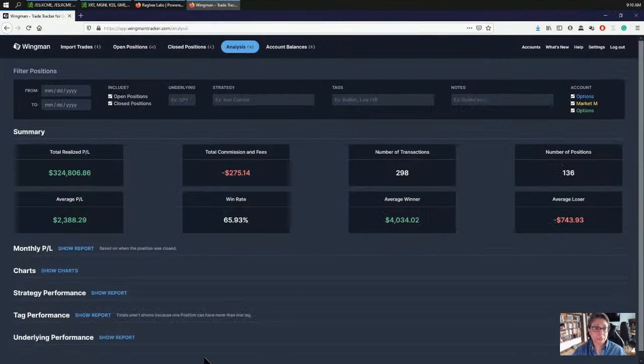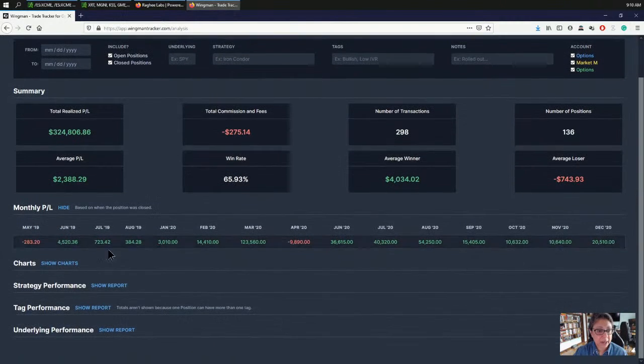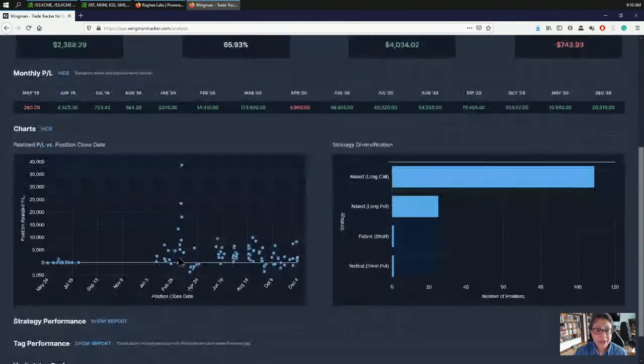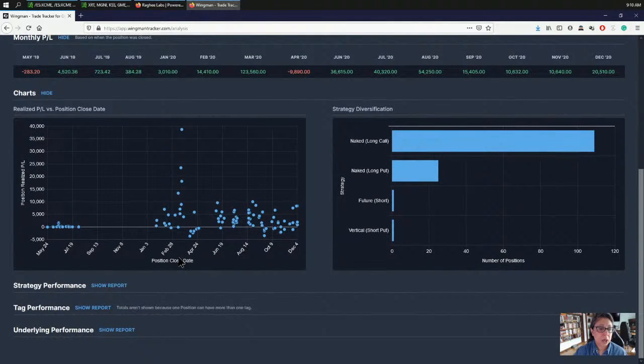Here we go. So this is my Wingman Tracker for a specific account, one of my accounts. What I wanted to show you is it'll break down your monthly P&L. All you need to do is plug in your Thinkorswim, Tasty, E-Trade. They have a bunch of brokers, and you don't have to do any of this manually.